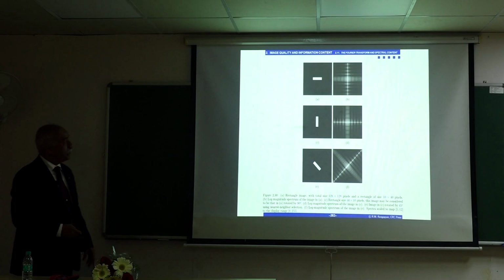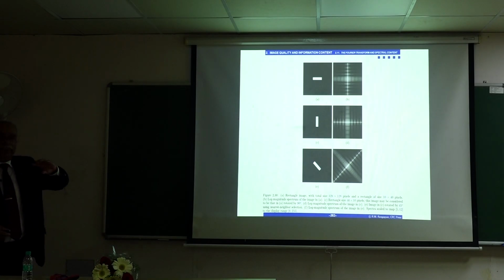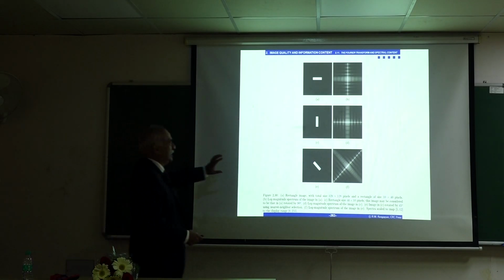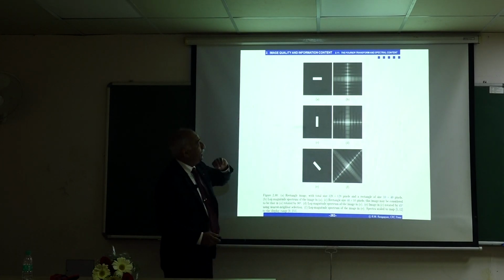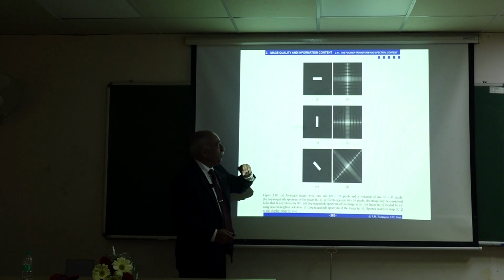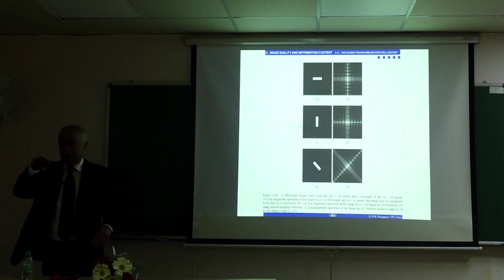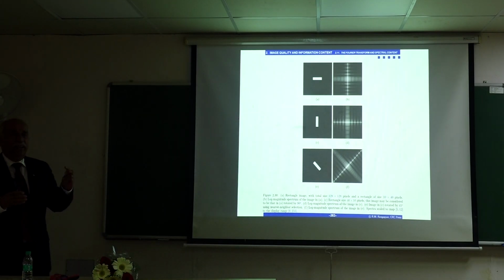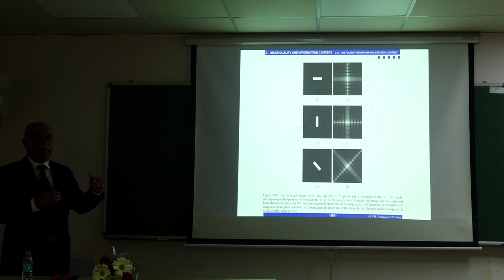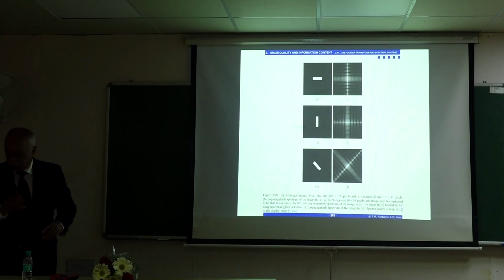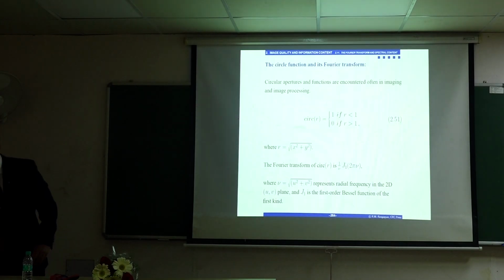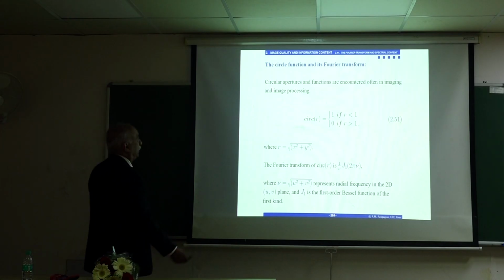Two sinc functions. Rotation of an image causes a comparable rotation in the frequency domain. But what you need to recognize also is that there is a 90-degree shift in terms of the details in the horizontal and vertical directions in the image domain compared to the frequency domain. I'll show that later on when we get examples of that nature.